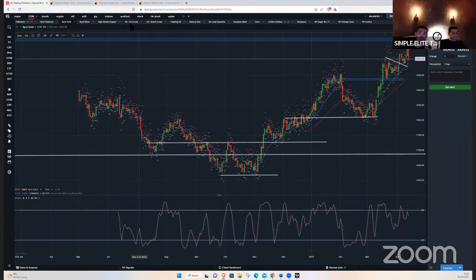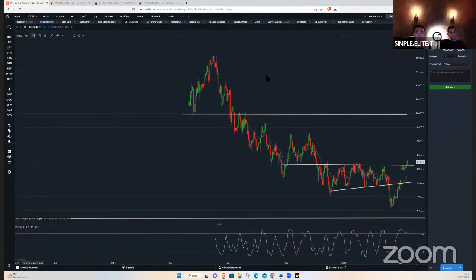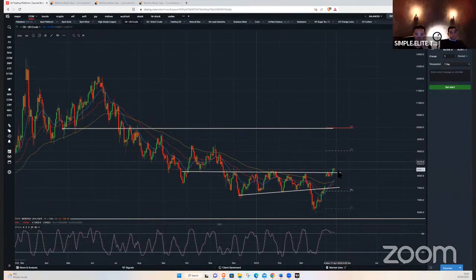Now we move on to commodities. Let's have a look at oil first. It's very interesting. Bearish. We had some alert on Friday or Thursday. It's trying to break. Let's see another chart.